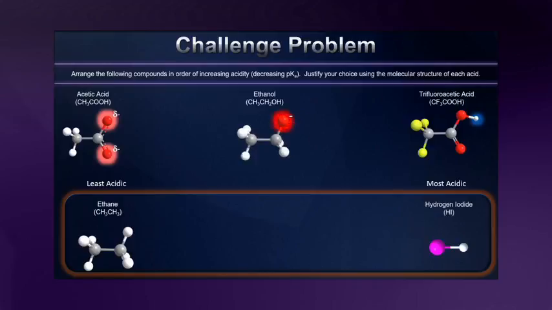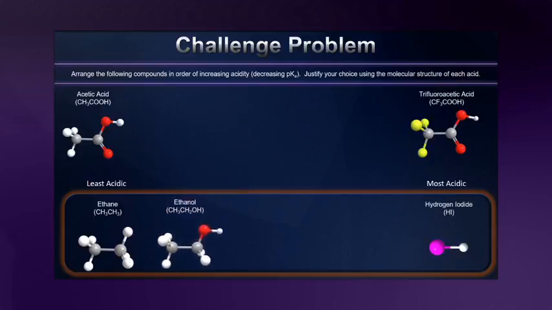When we remove that proton, we get an oxygen that bears a full negative charge. There's nowhere for this charge to go. So it's a denser, stronger negative charge. And remember, the buildup of charge in general is not favorable. And finally, we have trifluoroacetic acid, which will behave much like acetic acid does, having this resonance-stabilized conjugate base. So let's put ethanol in its place as the second weakest of the acids.